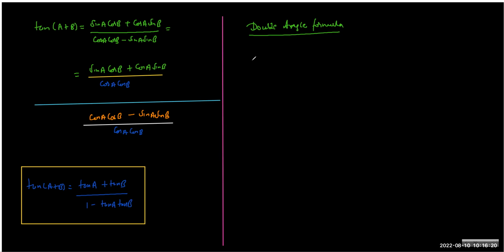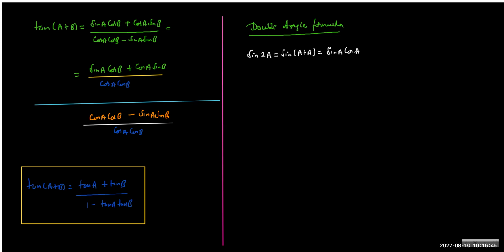Let's say I want to know what is sine 2A. You use the compound formula A plus A, and you can think one term as A, the other as B. How to write the sine(A plus B) formula? Sine A cos B, but B is A here.